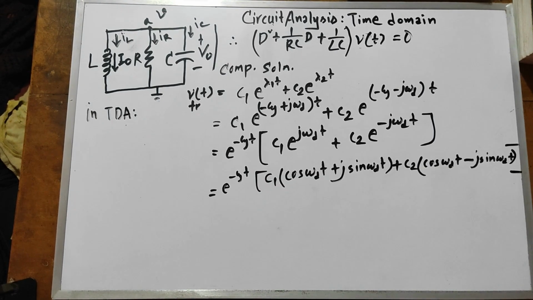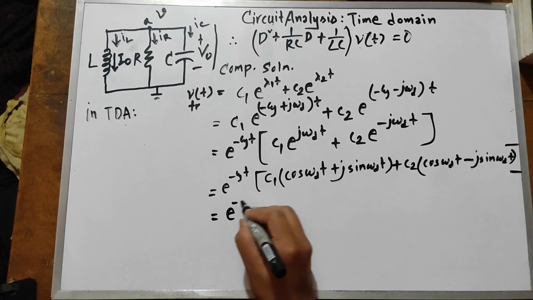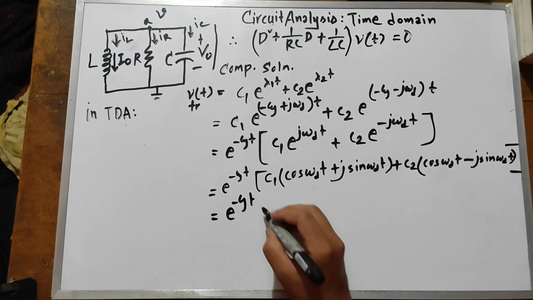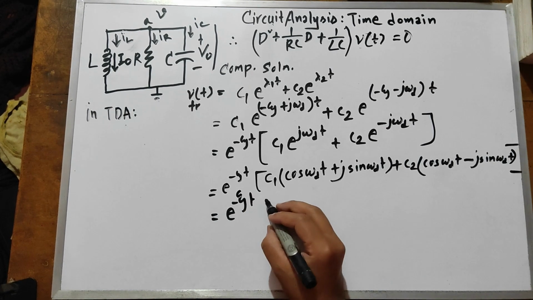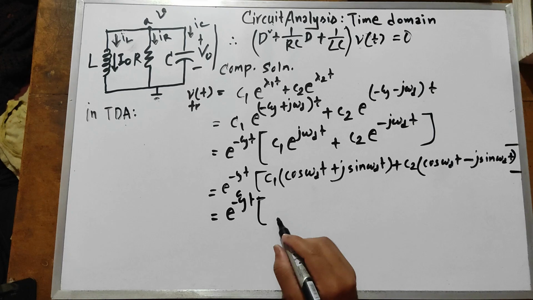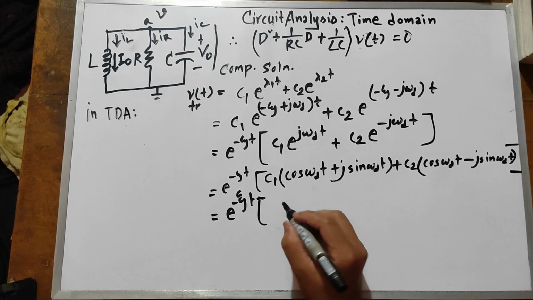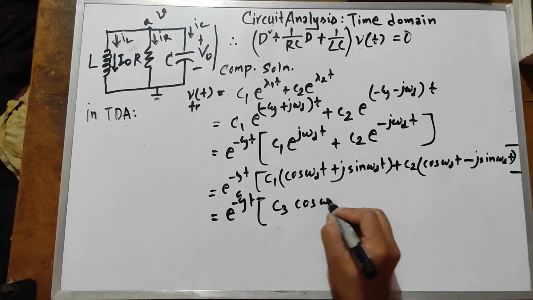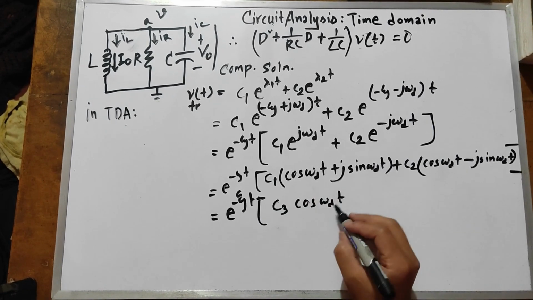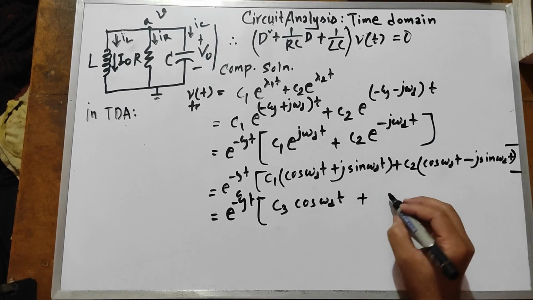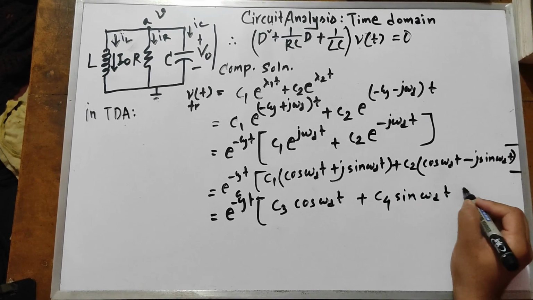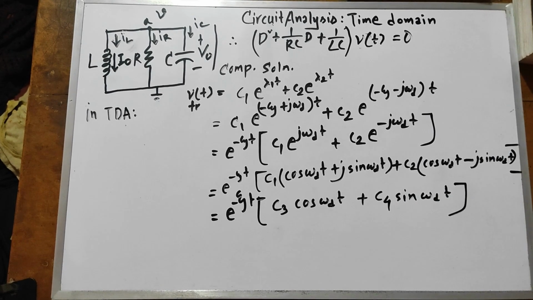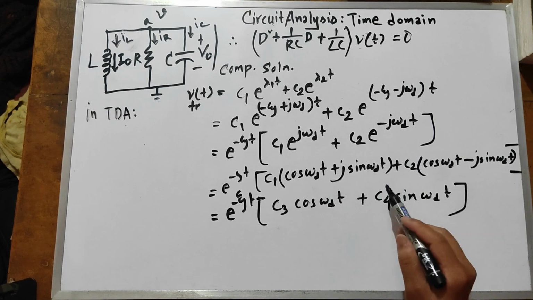So e to the power minus zeta t times, if I take c1 and c2 together, C3 cos omega d t, taking cos as common, plus C4 sin omega d t, where C4 is j times C1 minus C2.